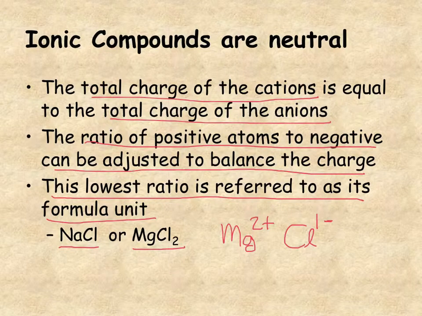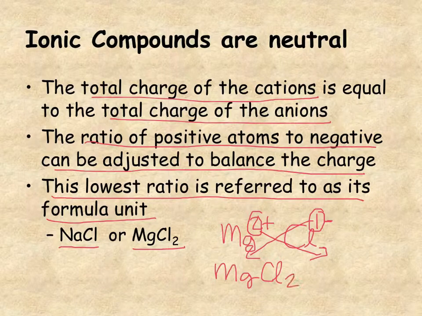And then to make the formula, remember we drop all the plus and minus, and we just take the superscripts of the charges and make them subscripts on the opposite side, so we cross multiply, and then we get MgCl2, right? And remember we don't write the subscript of 1, we just leave it as is because it's already assumed, right? So that's how we get the formula for ionic compounds, from the total charge of the anions and cations.